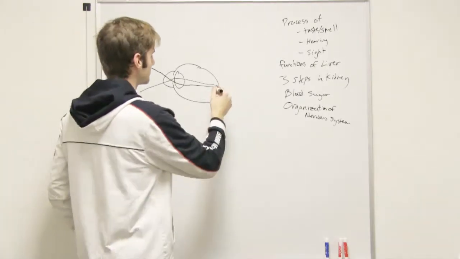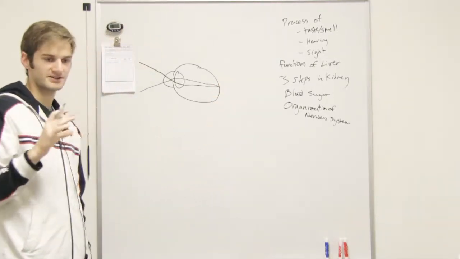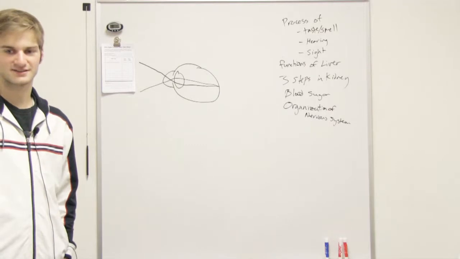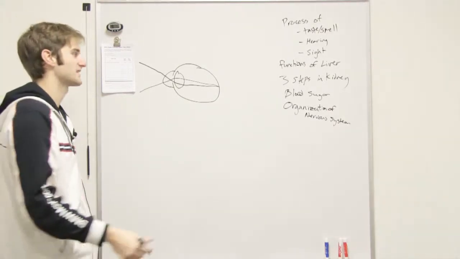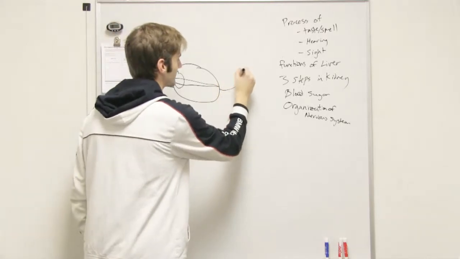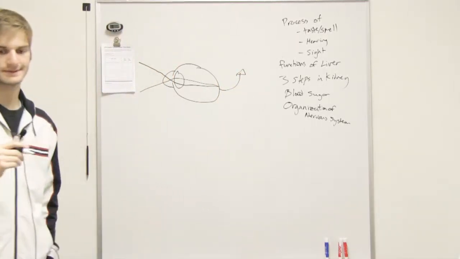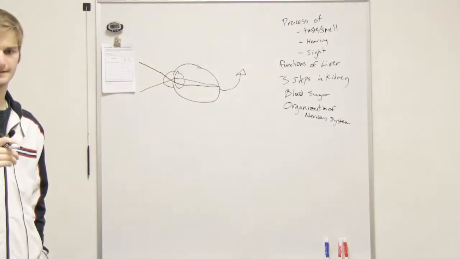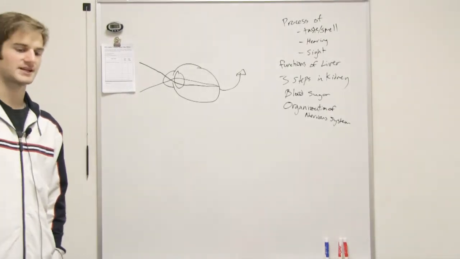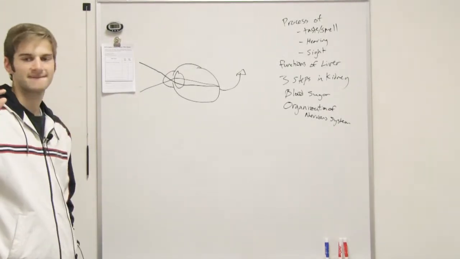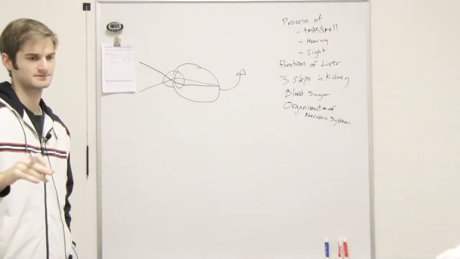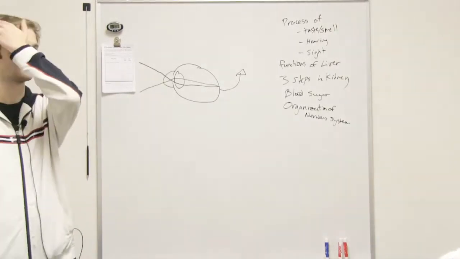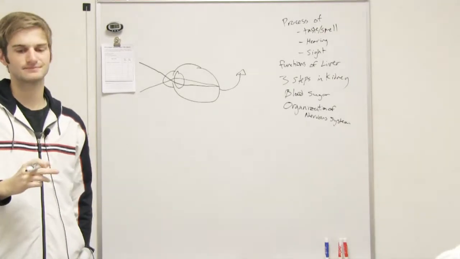So cones receive the color. They're the ones that do color. Rods do light. They both send action potentials through the optic nerve to the brain.